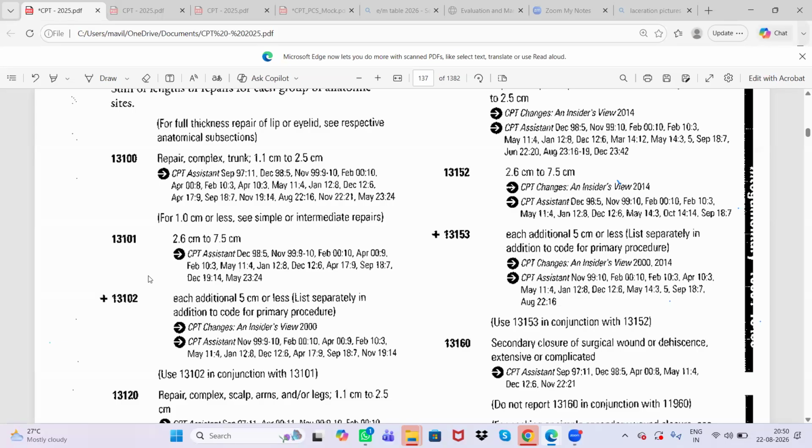So for this question, we have to code two codes: 13101 and 13102. 7.5 centimeters is only 13101, and after that we code each additional 5 centimeters, so 13102 two times. Even for one additional centimeter, we can code the add-on code. Understood?